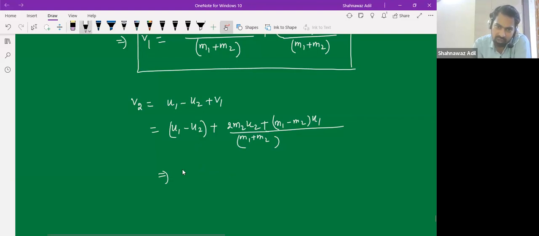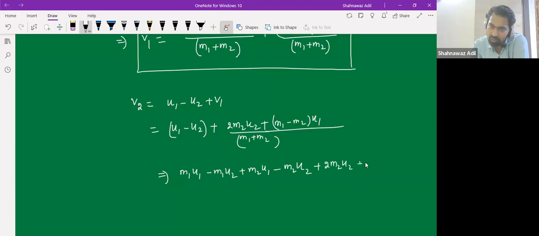So M1 U1 minus M1 U2 plus M1 M2 U1 minus M2 U2, right? Plus 2M2 U2 plus M1 U1 minus M2 U1, divided by M1 plus M2.